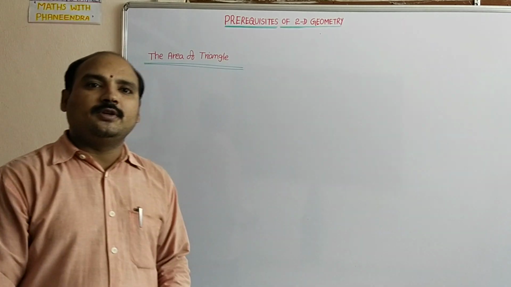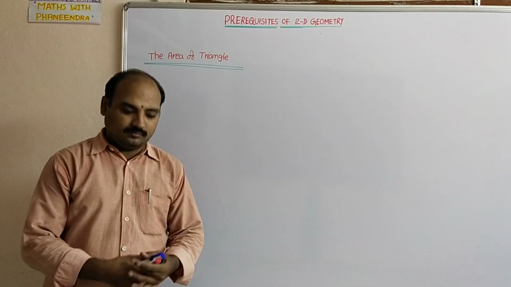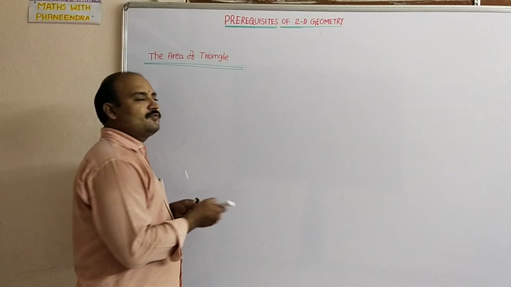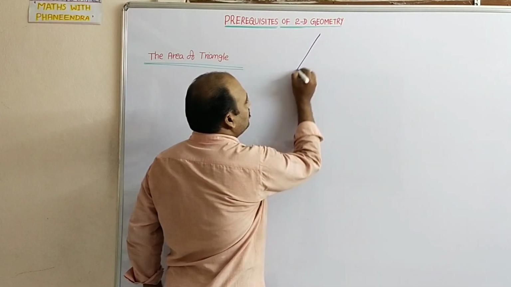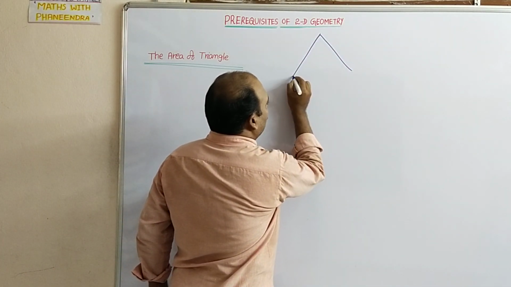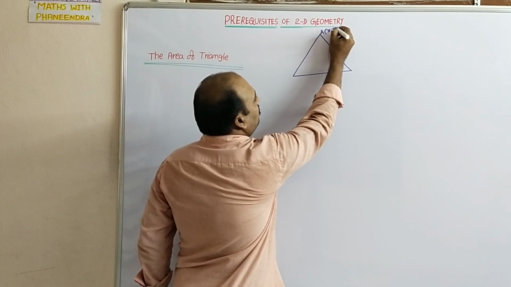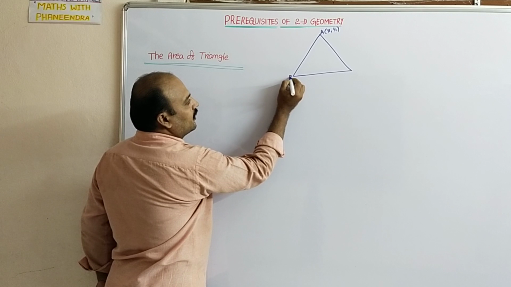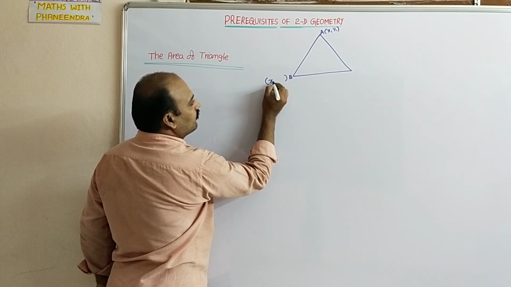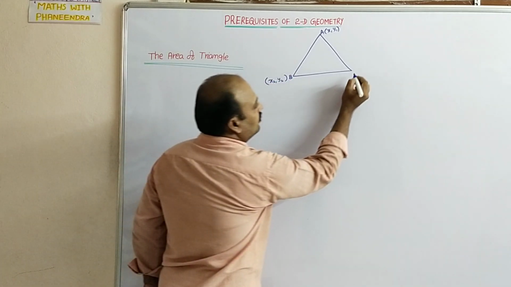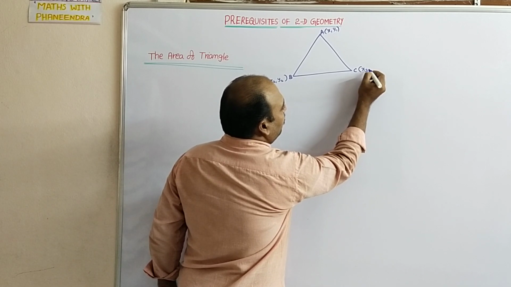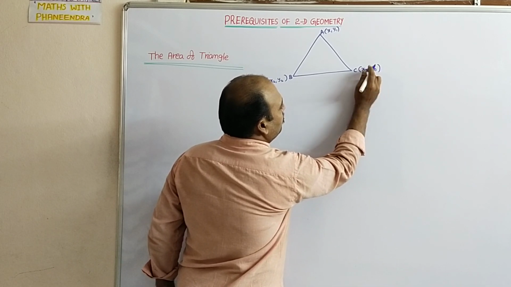The next concept is the area of triangle. See here, the area of the triangle formed by the points, that means vertices, A of x1, y1, B of x2, y2 and C of x3, y3.